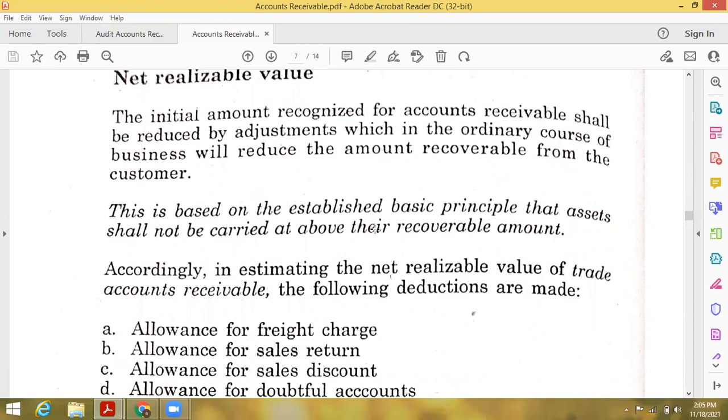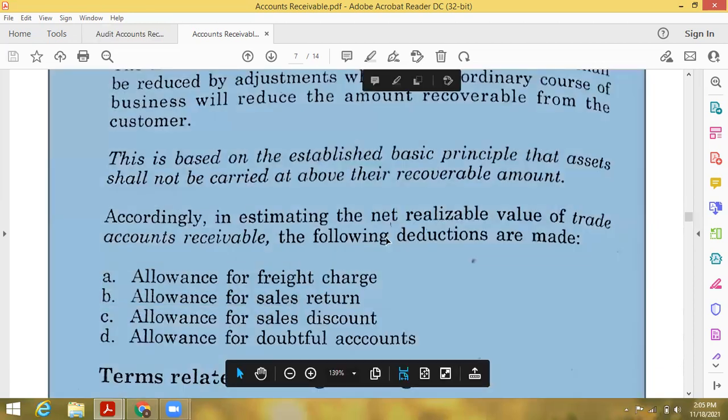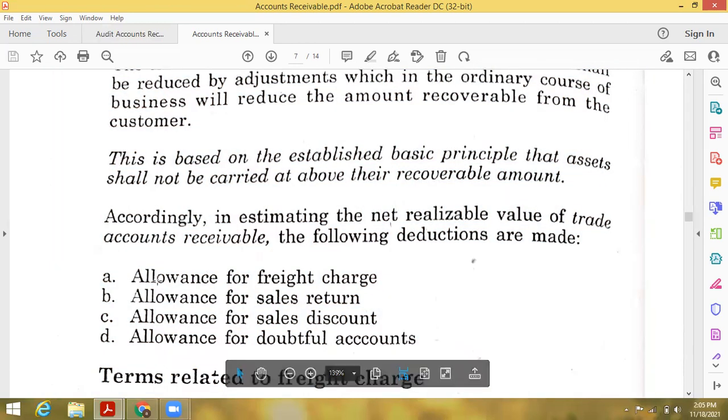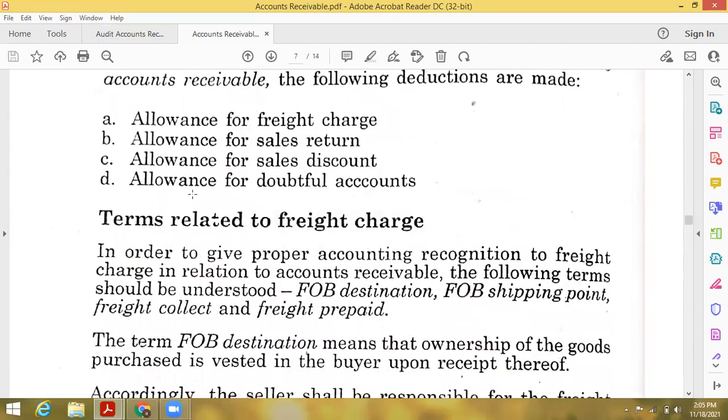So, here we have, paano daw kunin yung net realizable? We have net realizable value. Ito yung babawas natin para makuha natin yung NRV. Okay? Yung kung may pay charges, tanggalin natin yung allowance for pay charges, allowance for sales return, allowance for sales discount, allowance for doubtful account.